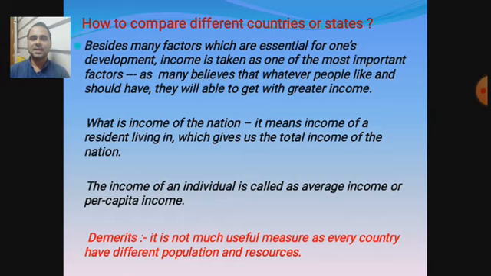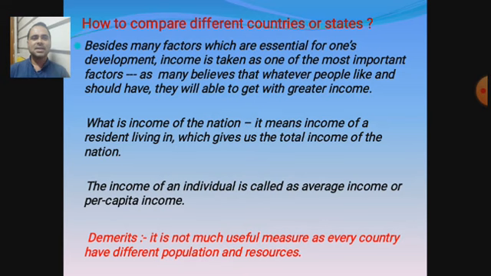That's why it is often said that whatever people like and should have in their life, they will be able to get with greater income. That's why income is calculated as one of the most important assets of development.